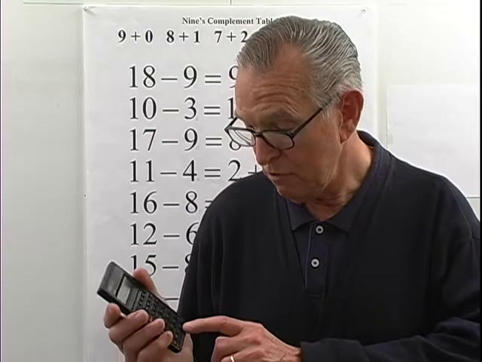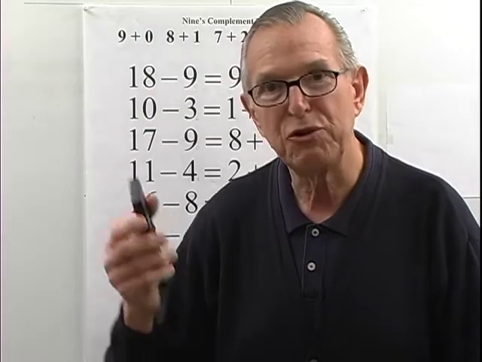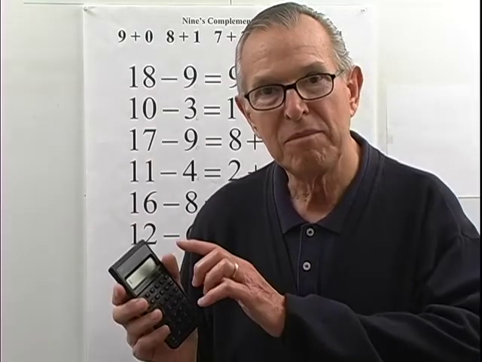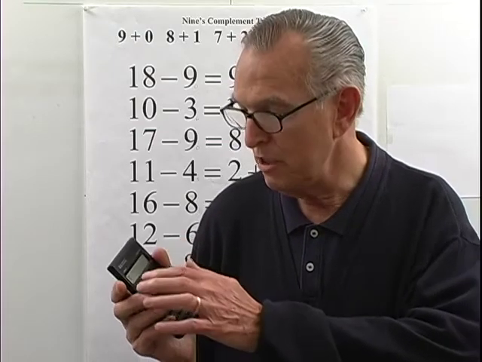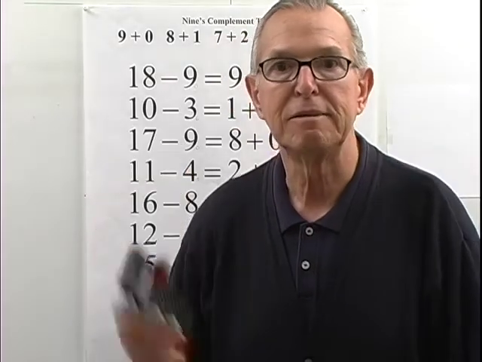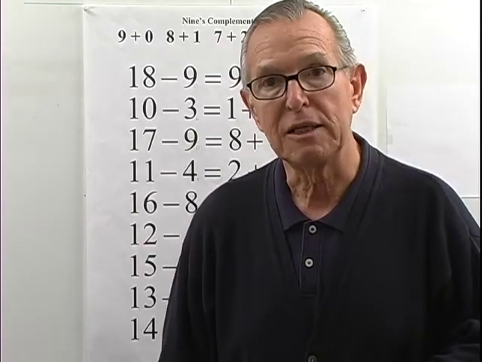Then when I hit the equals button, right here, it will proceed to add the 2 internal registers, get the result, and then transform it into base 10 numeration, and it shows up on the display, 8. The computer did the subtraction correctly.